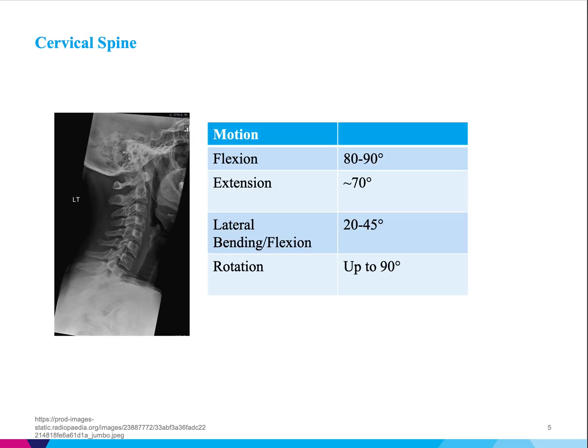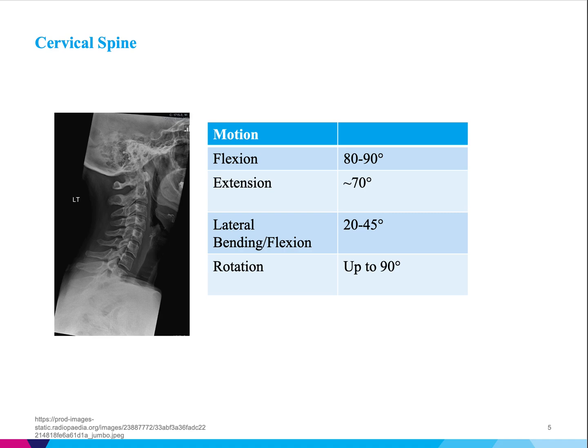And if we look broadly at the cervical spine, we'll see that we have a large amount of motion that is allowed: 80 to 90 degrees of flexion, approximately 70 degrees of extension, and lateral bending, this is trying to touch your ears to your shoulders, is roughly 20 to 45 degrees.